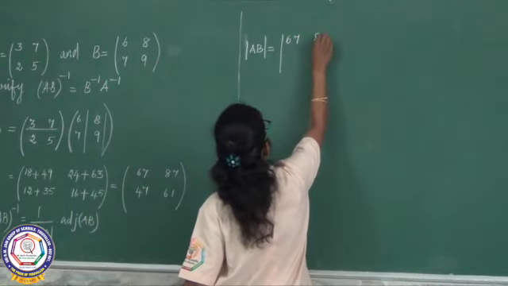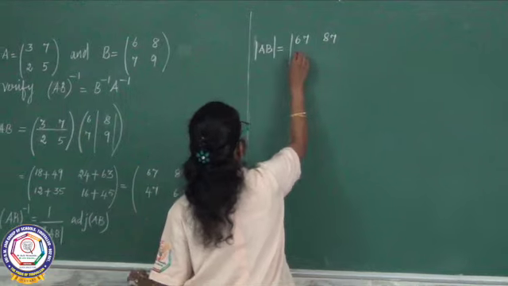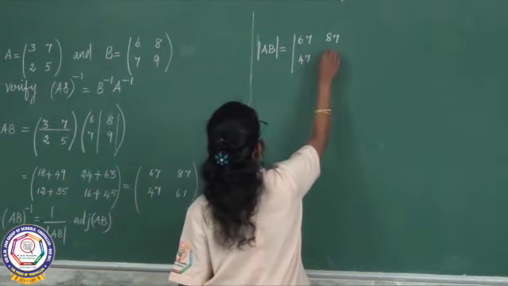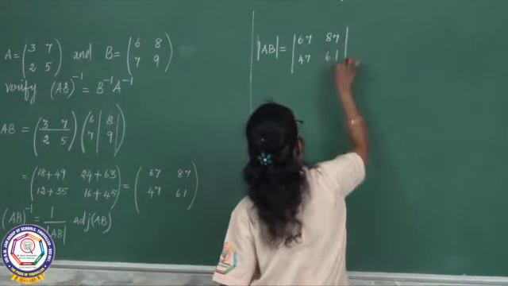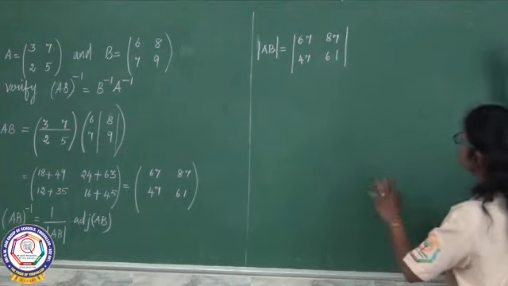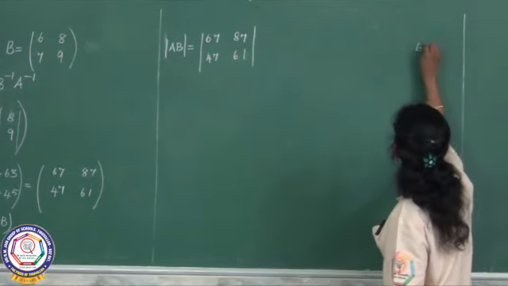Determinant AB equals determinant of 67, 87, 47, 61. Better do the calculation on the right side.